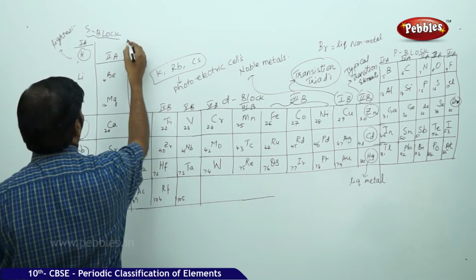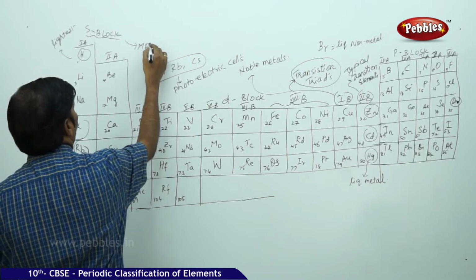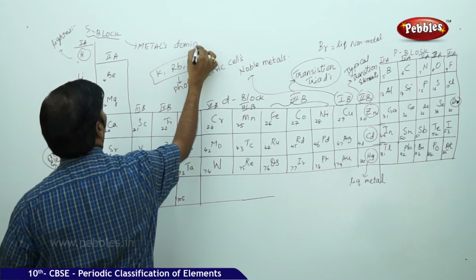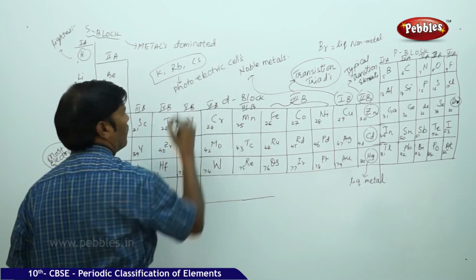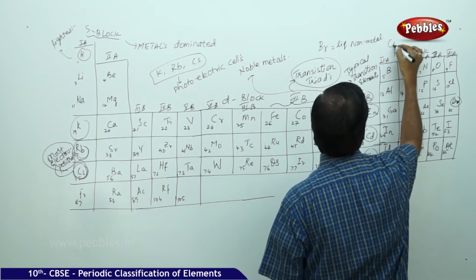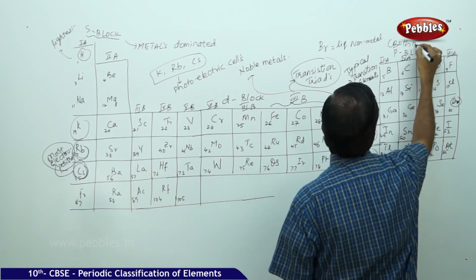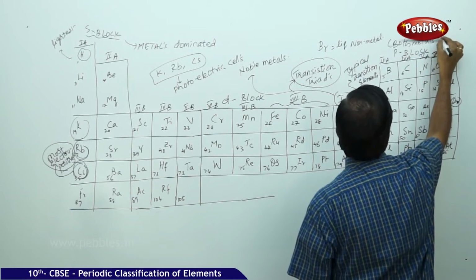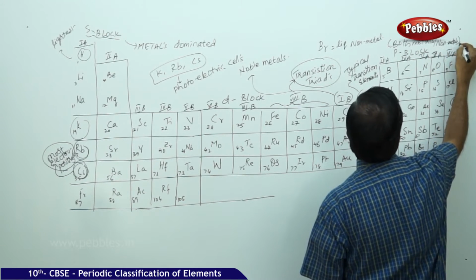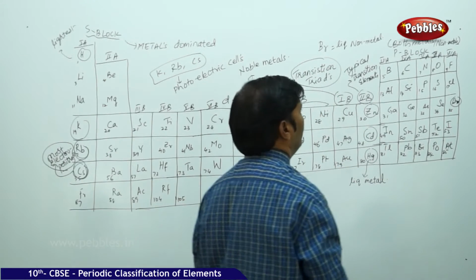S block elements are metal dominated. P block elements are both metals and non-metals.